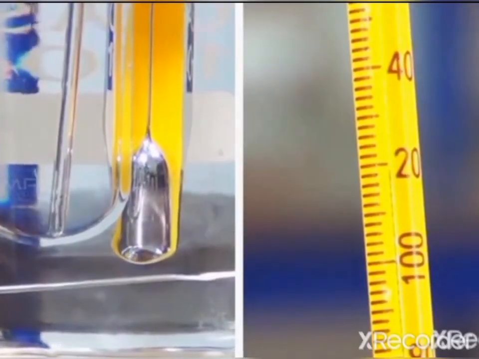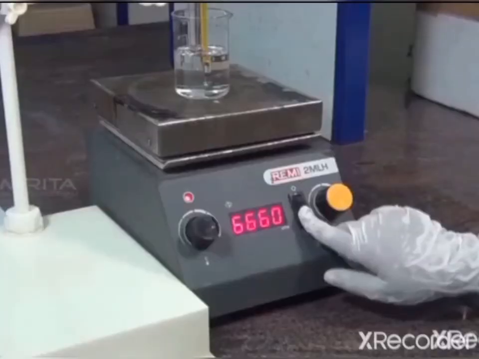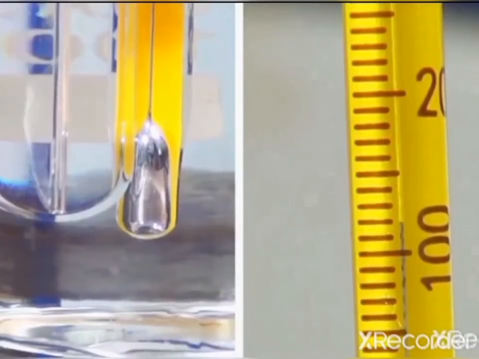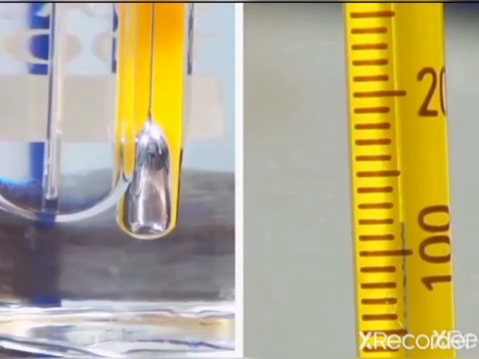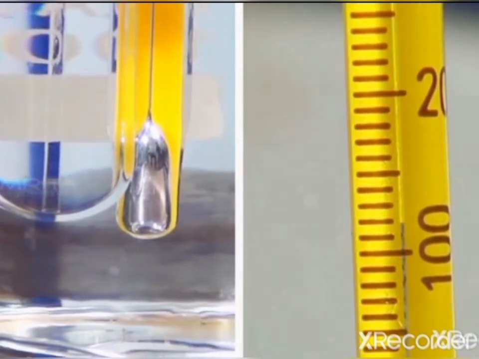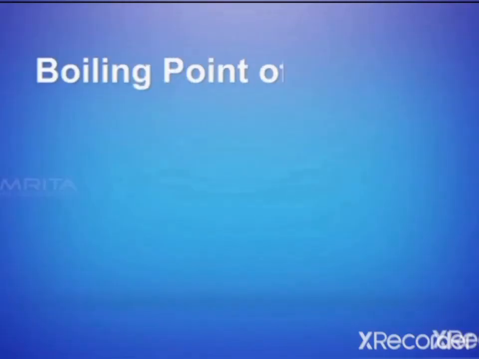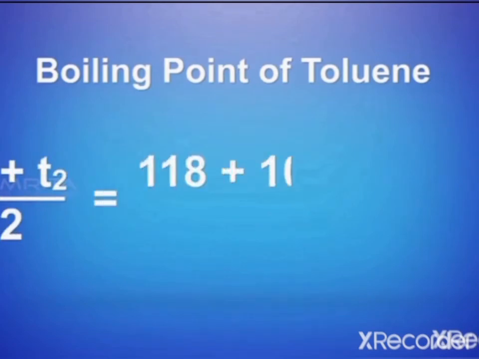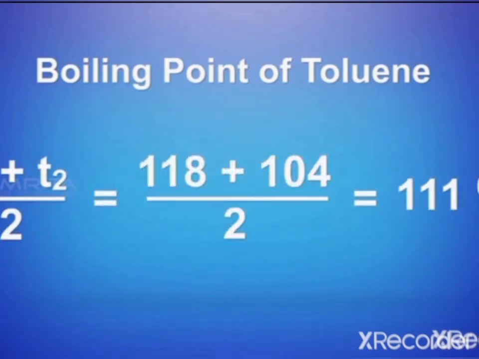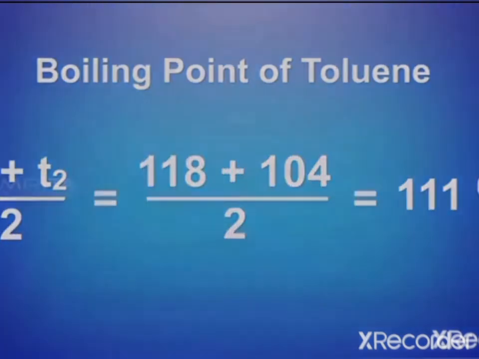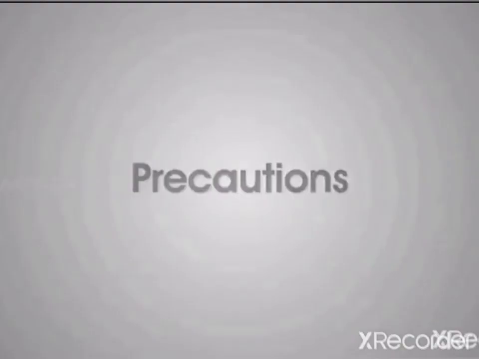Note the temperature T1 when the continuous stream of bubbles starts. Note the temperature T2 when the stream of bubbles has just stopped. Now the boiling point of toluene is the average temperature, T1 plus T2 over 2, that is 111 degrees centigrade.